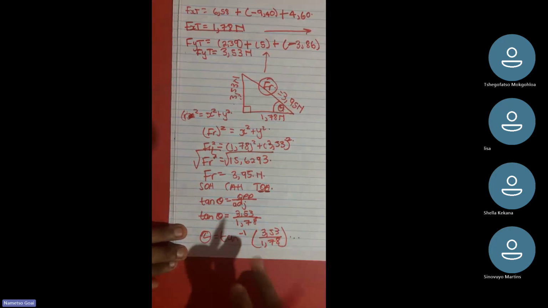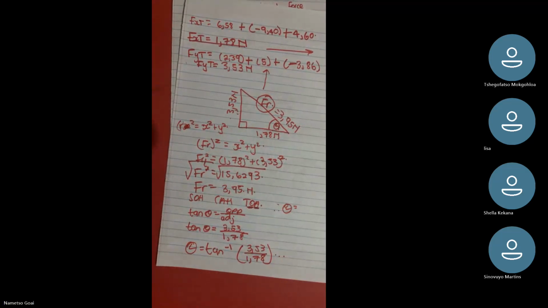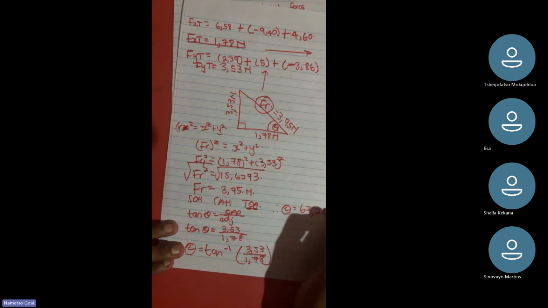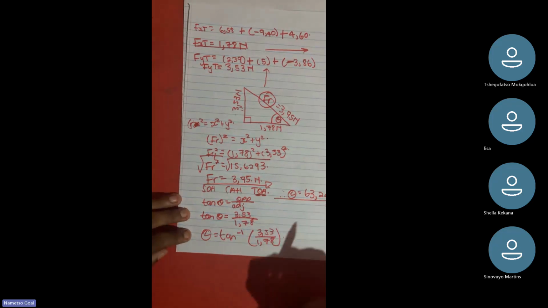Can somebody put this in their calculator and tell me what theta is going to be? 63,24 degrees. So this will be the magnitude of the FR. This will be the direction of the FR.